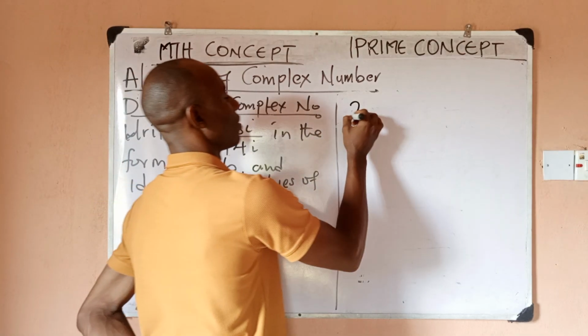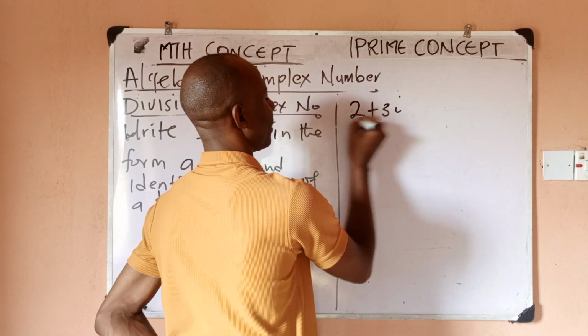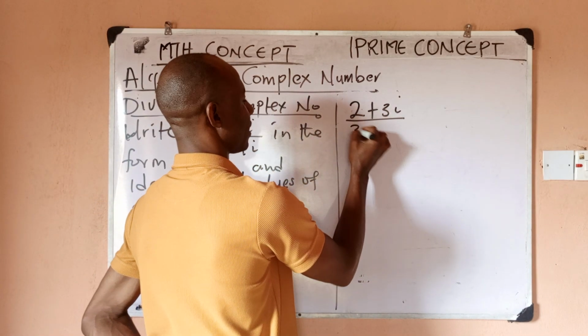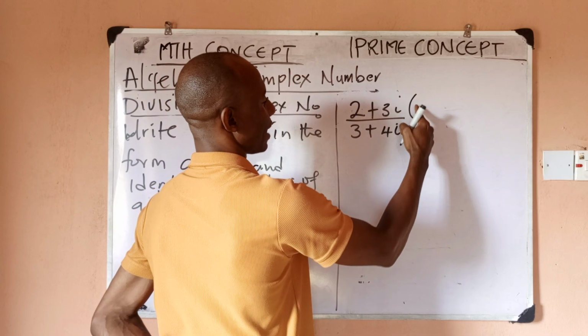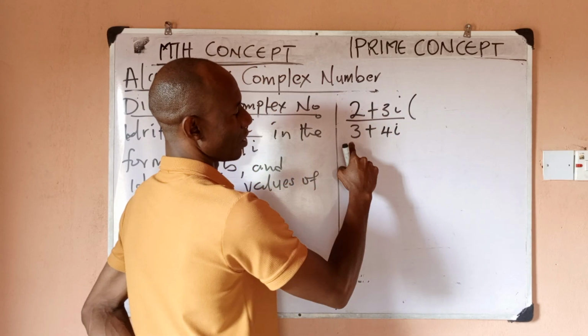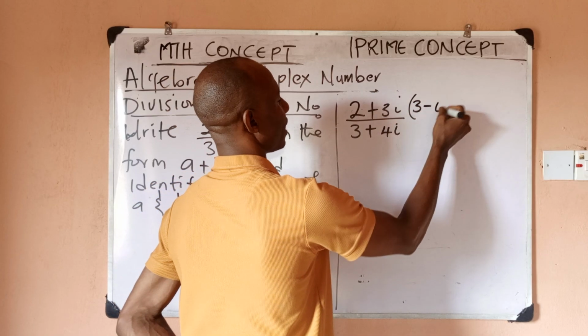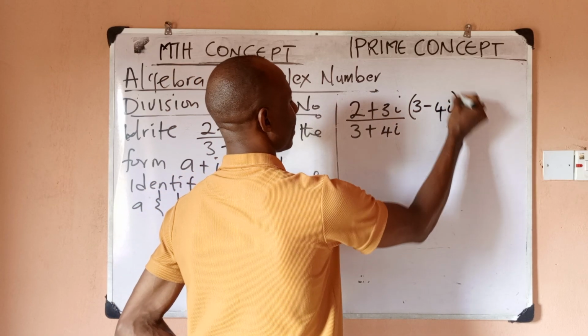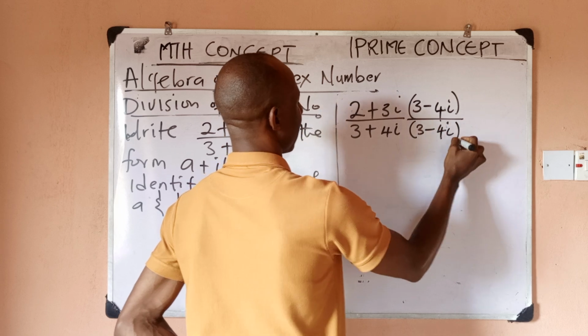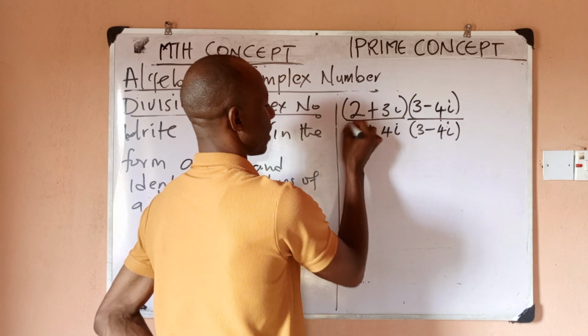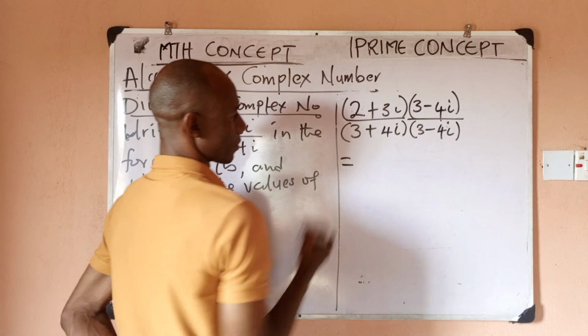Now we have 2 plus 3i divided by 3 plus 4i. So I would multiply this by the conjugate of the denominator, which is 3 minus 4i. We'll do the same thing here, 3 minus 4i. So let's do this expansion and see.